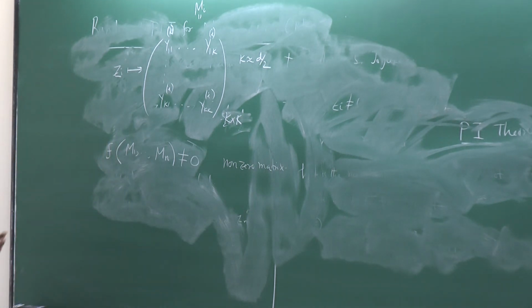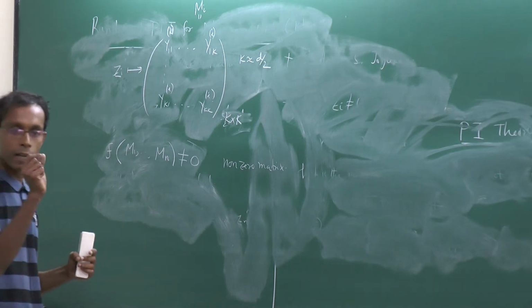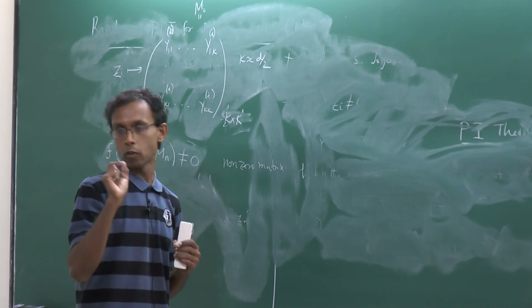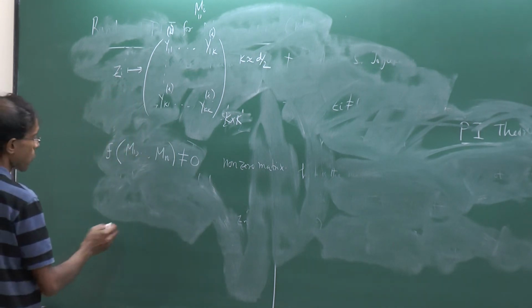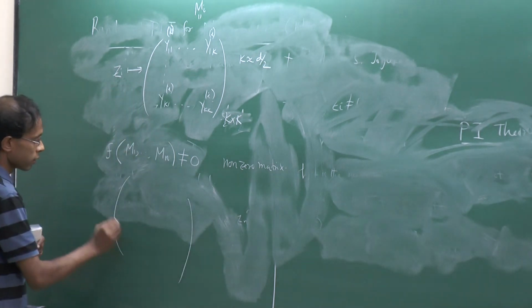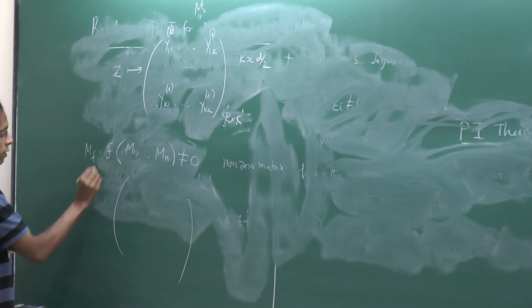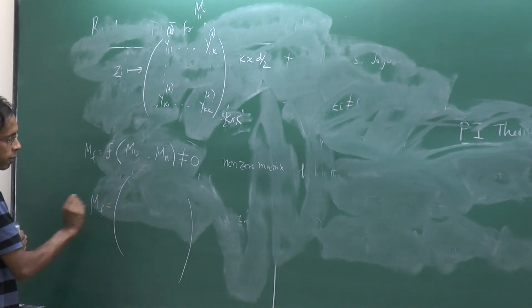And once you know that it's a non-zero matrix, that in fact some entry is non-zero, then you just plug in random values to get a non-zero scalar entry in that particular position. Let's call this matrix MF.